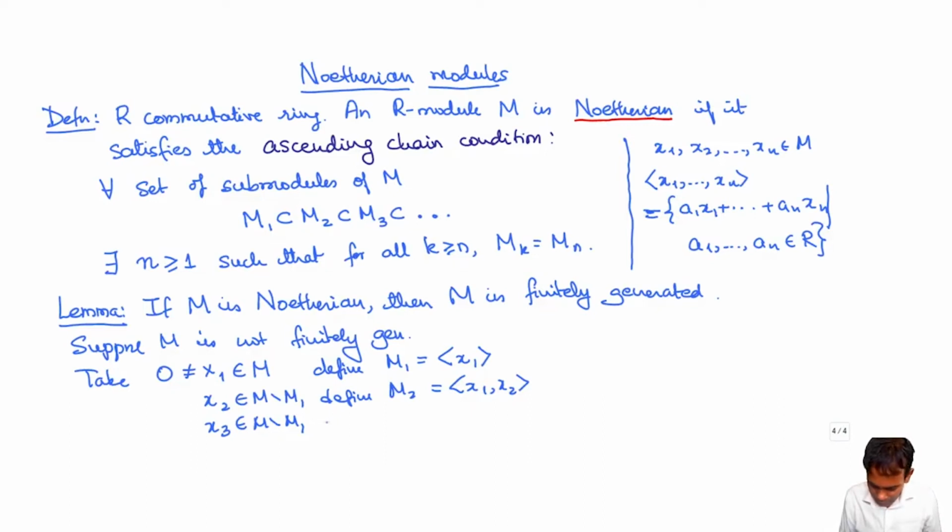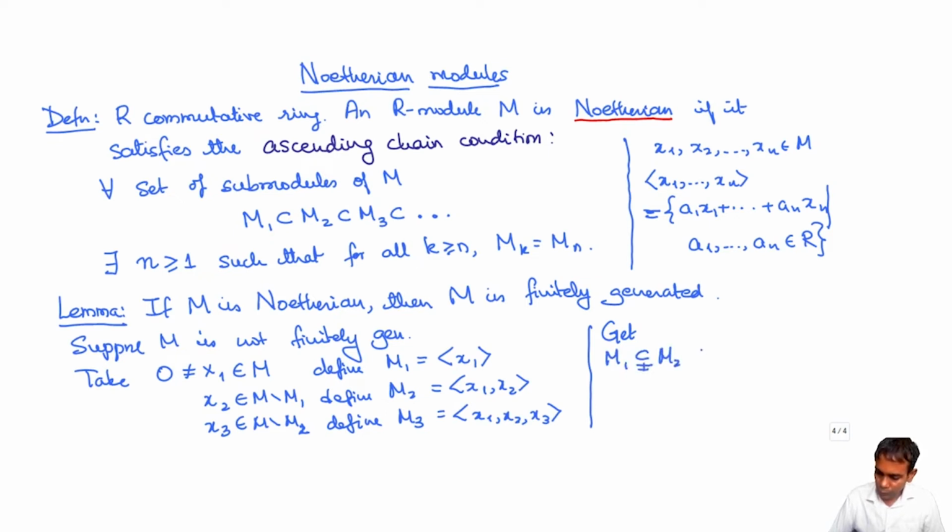So now you get the idea, right? I take x3 in M minus M2 and I define M3 to be the submodule generated by x1, x2, x3. Proceeding in this manner, I get M1 properly contained in M2, properly contained in M3, and so on, an infinite chain.